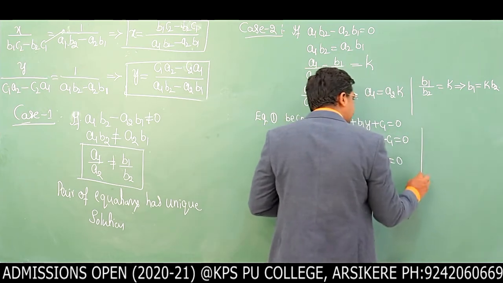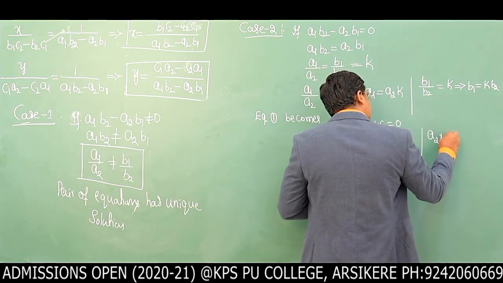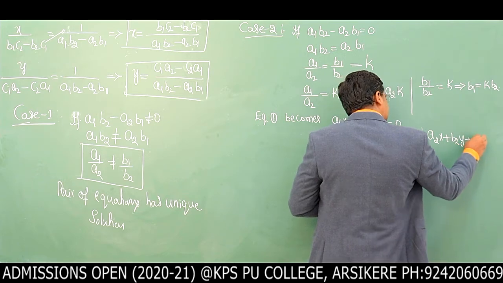Now observe the second equation: a2x plus b2y plus c2 is equal to 0.